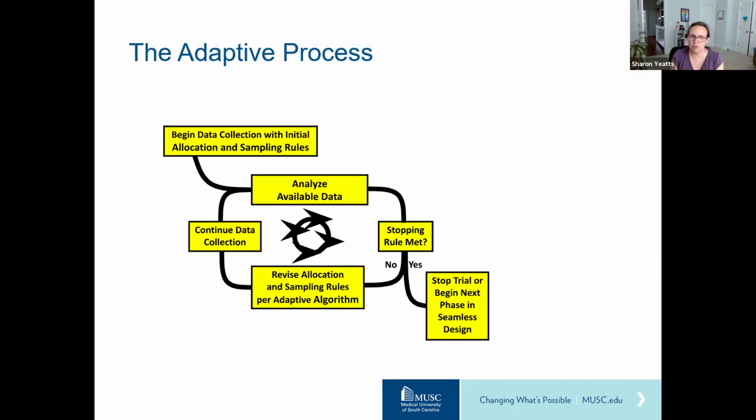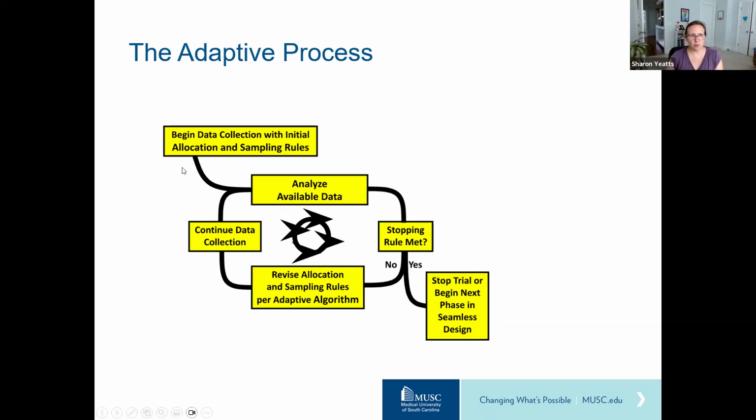I'm going to talk very briefly about adaptive designs because I know lots of people are interested in them. But I want to make sure that folks are aware that although adaptive designs provide you flexibility, they provide you flexibility under a very specific set of criteria that you have to have thought through in advance.